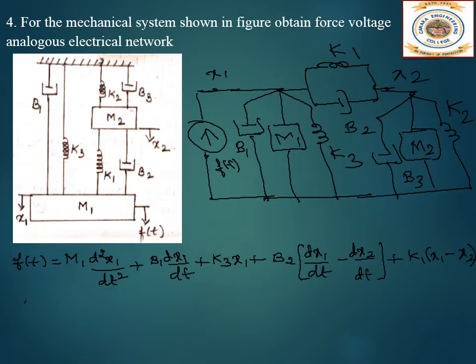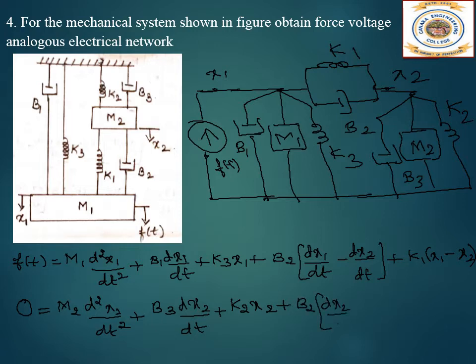Coming to node 2, 0 equal to, I will write first m2 d square x2 by dt square plus b3 dx2 by dt plus k2 x2 plus, we have again b2 into dx2 by dt minus dx1 by dt plus k1 into x2 minus x1.